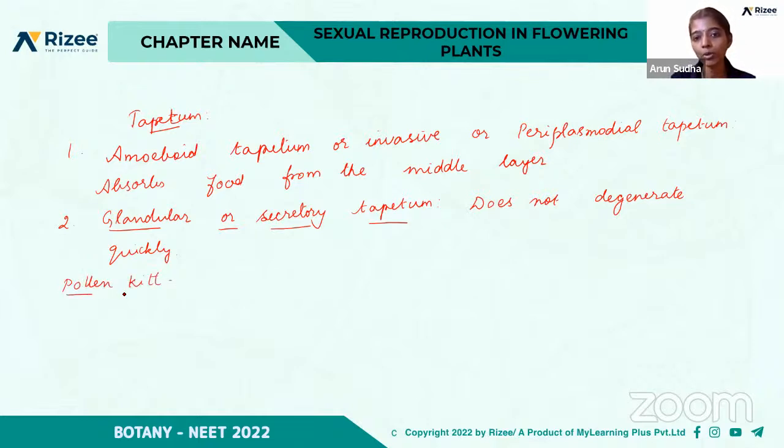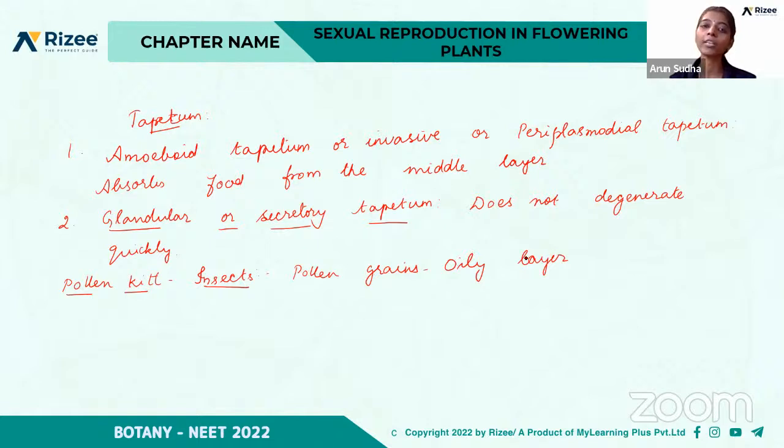So what do you mean by pollen kit? For example, in plants in which pollination occurs by means of insects, there are various pollinating agents like insects, animals, right? Those plants which are pollinated by insects, their pollen grains have an oily layer around the pollen.